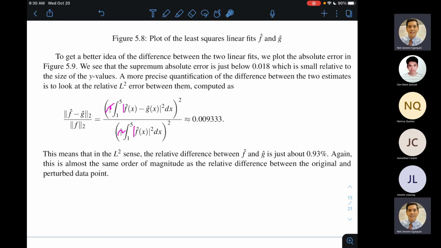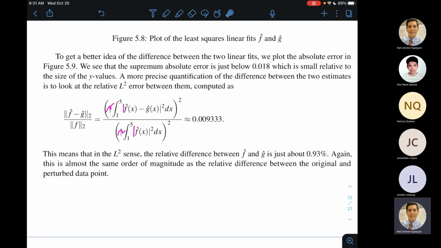So if you want to convince your reader, you might need to perform the same experiment multiple times by doing the randomization again multiple times para makakuha ka ng maraming mga G hats para ma-convince talaga yung reader na okay, kahit ilang beses kong randomly i-move yung mga data, hindi gaano kalaki nagbabago yung model na nakukuha natin. Kasi maliit yung percent difference between the model using the actual data and the perturbed data.